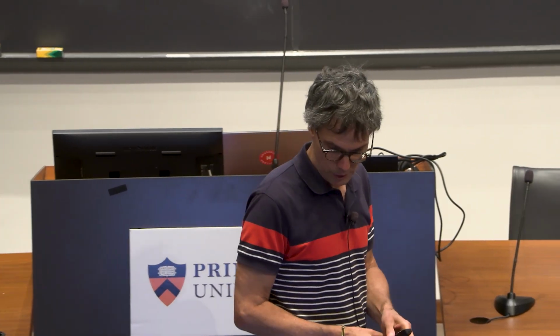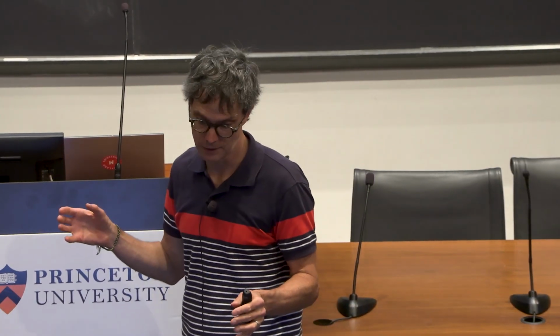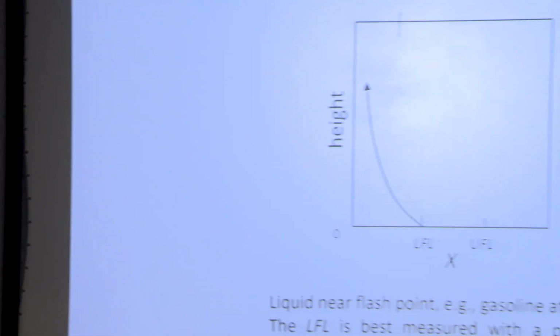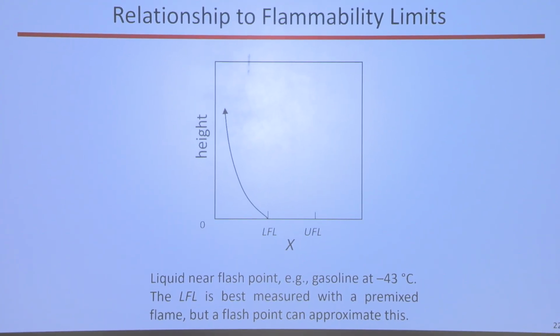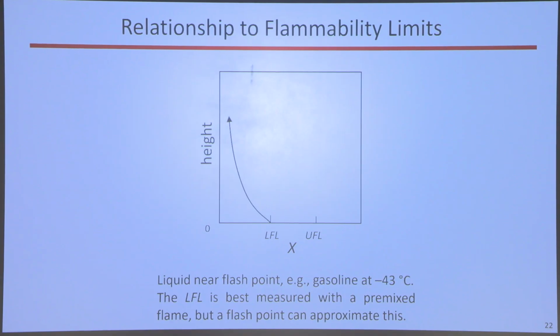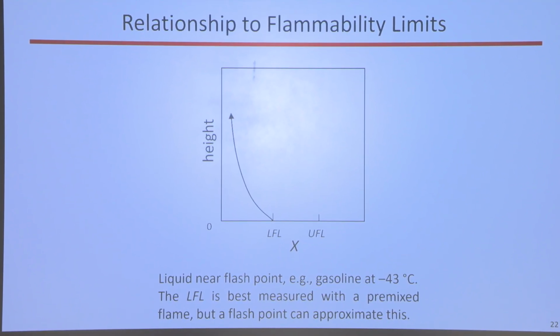And the way it works is that if you consider the height above your pool here on the y-axis versus the concentration of your fuel in the gas phase, of course, the higher you go above the pool surface, the lower is the concentration of fuel because it's diffusing away. And at the moment of ignition, at that fire point, right when you're barely hot enough to ignite, there's only one place that's rich enough for it to ignite.